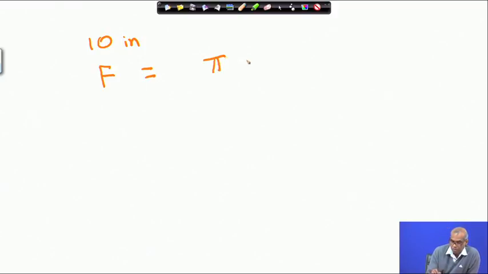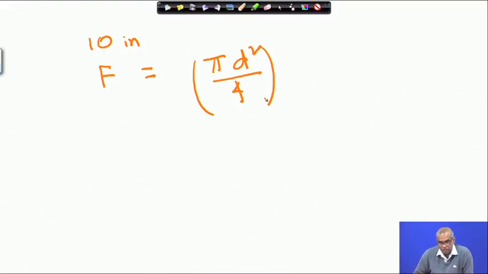So, I have 10 inch dia displacer. What is the buoyancy force on the cylindrical displacer? Buoyancy force F is pi d square by 4, that is the cross sectional area, times L, which is the length of the displacer submerged in the liquid.